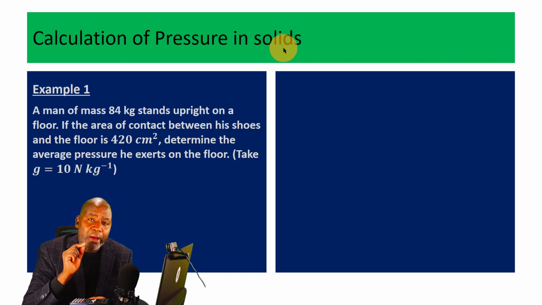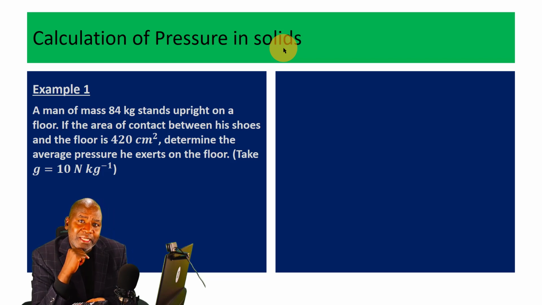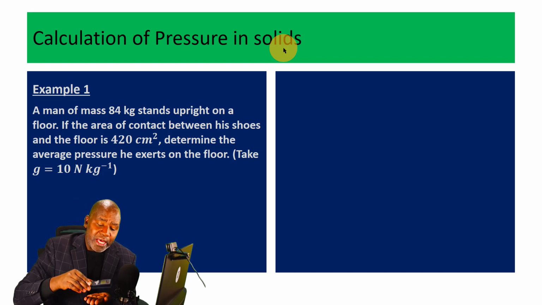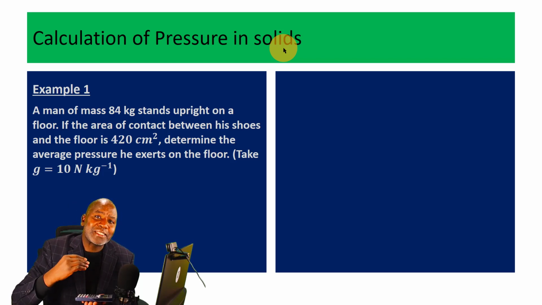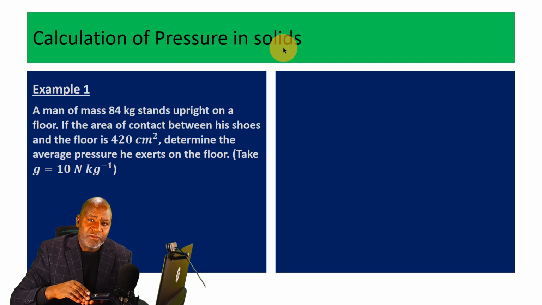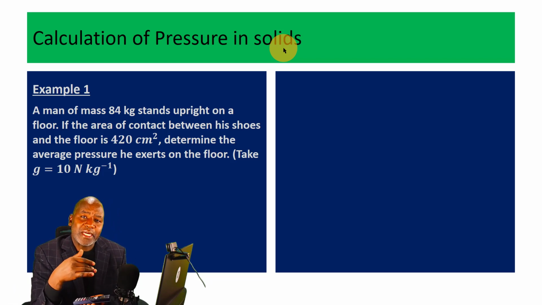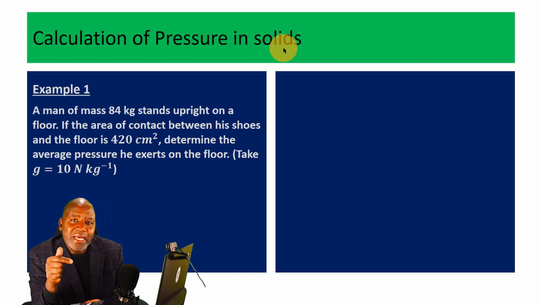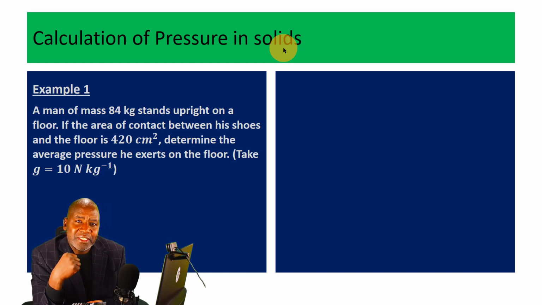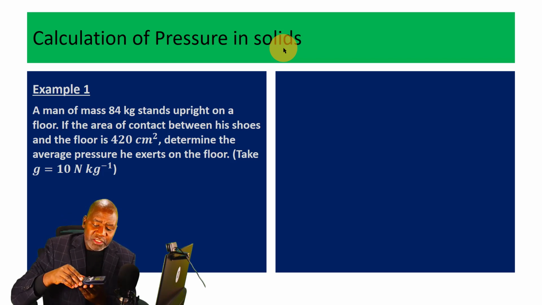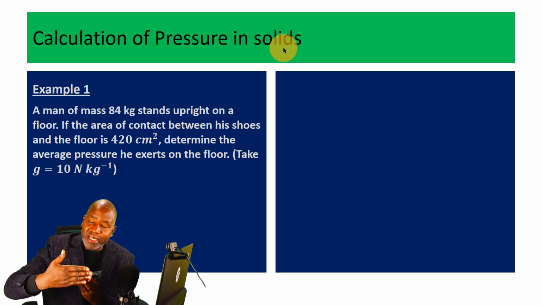At this point, I want to mention something else that I've seen students making a mistake in, and this is referring to the area of contact as the surface area. They say pressure is defined as force exerted normally on unit surface area. Don't talk about surface area. The surface area of this particular object will be this area plus this area plus this area plus this area.